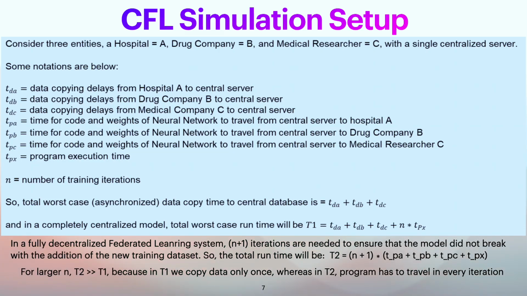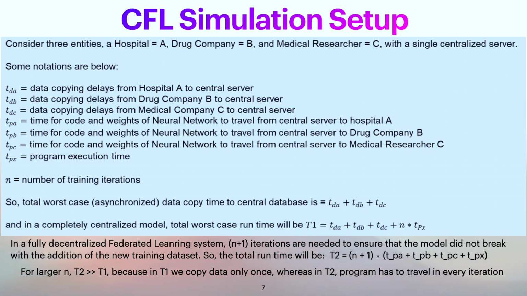Now, with this theoretical understanding, we did a simulation on synthetic data sets. We took three entities: A is a hospital, B is a drug company, and C is a medical researcher.